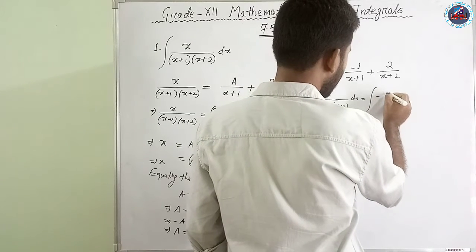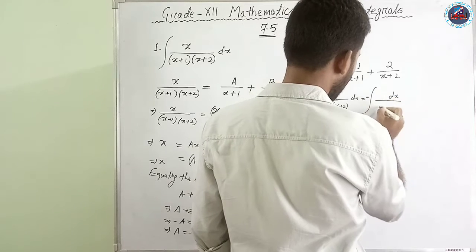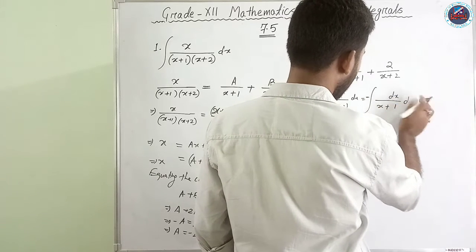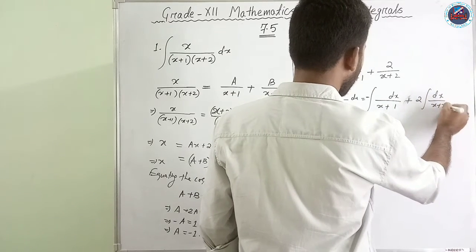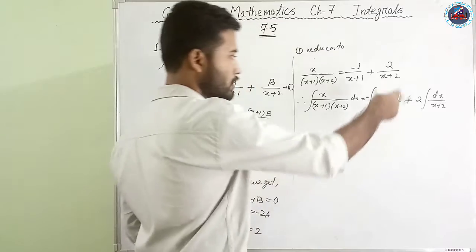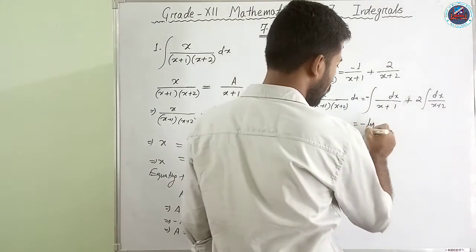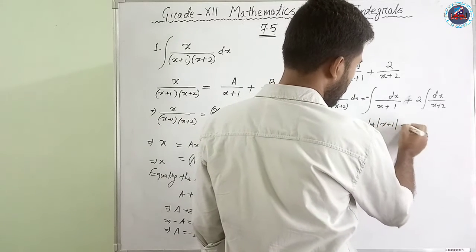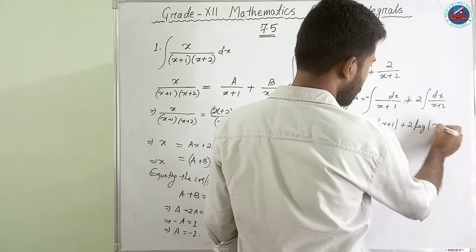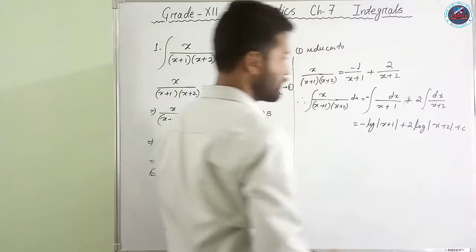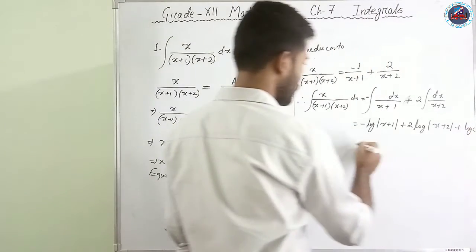So this will be minus the integral of dx by x plus 1, plus 2 times the integral of dx by x plus 2. If you substitute x plus 1 by t, we shall get log mod x plus 1, similarly plus 2 log mod x plus 2 plus c, or you can even write log c here, since everything is log.